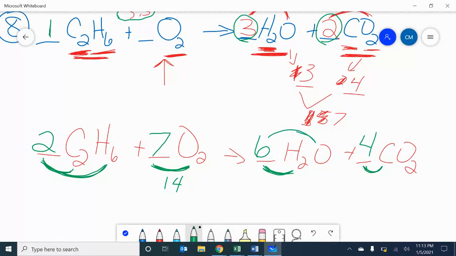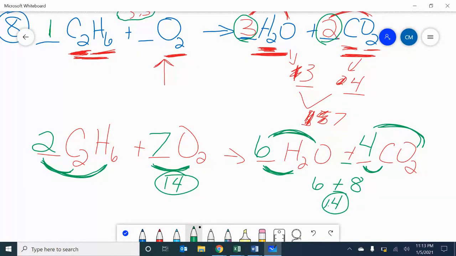I've got this one that's 6 times 1, so that's 6 oxygens. Then I'm going to add it to the 4 times 2. That's 8 oxygens. Well, 6 plus 8 is 14. So yes, 14 and 14 is balanced out. And there we go. We got a balanced equation.